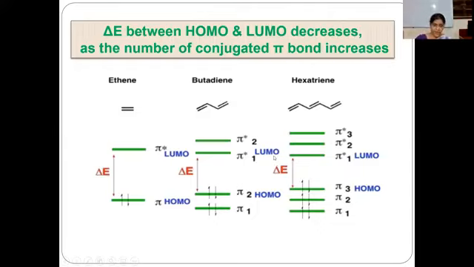The absorbing group is the same, a carbon-carbon double bond, and the same type of transition is involved, pi to pi antibonding. The only difference is that the energy difference between HOMO and LUMO decreases because different orbitals participate in the particular transitions.